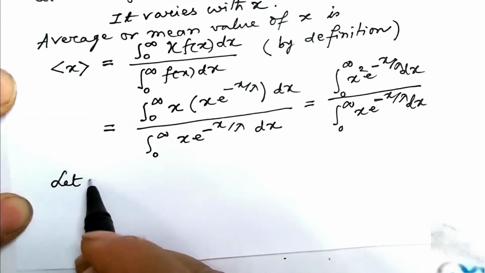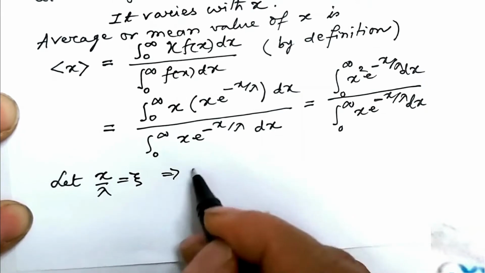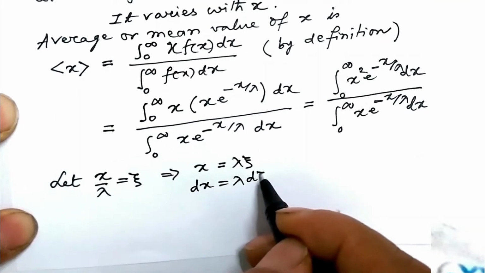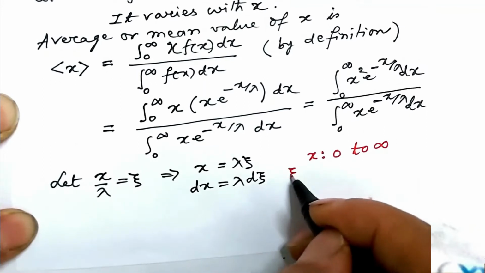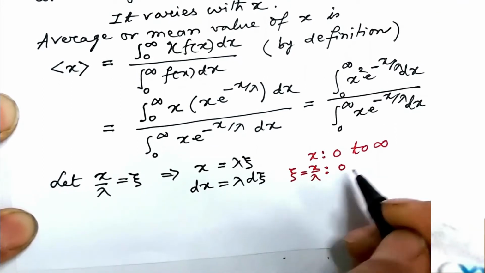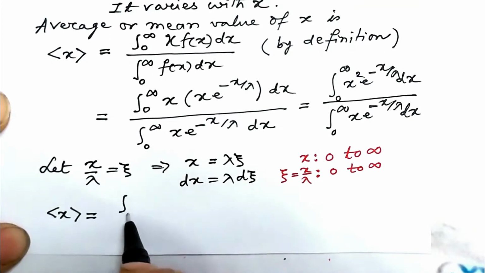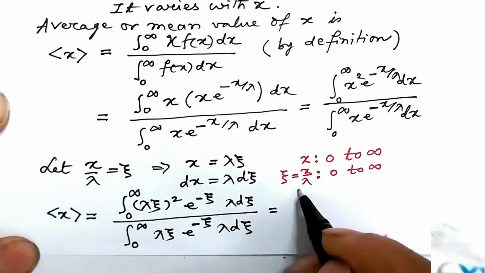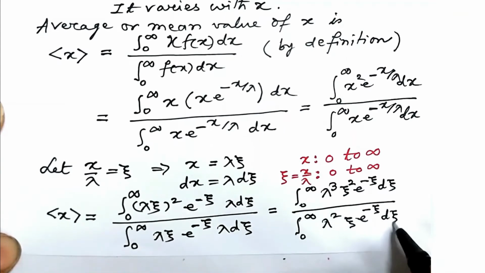Now make a change of variable from x to something else, say xi. So x equal to lambda into xi and dx equal to lambda d xi. Since range of x is 0 to infinity, the range of xi will also be 0 to infinity. So we write average of x in terms of xi, and we get lambda cancels out and 1 lambda is left in the numerator.